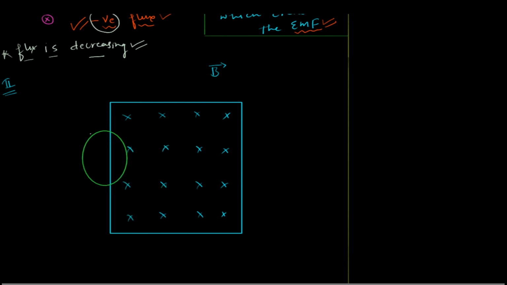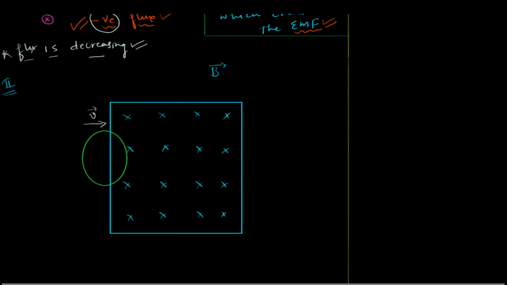With all this setup, let's say we are moving this conducting loop inside the region of magnetic field. So maybe a while ago the loop was here, I've been moving it for quite a while, and now I have reached this situation where it is partly inside and still moving. We are still moving this circular loop inside the region of magnetic field.